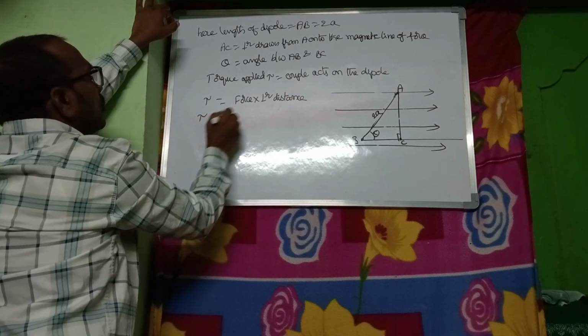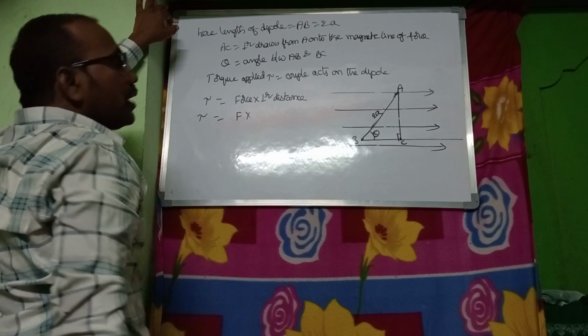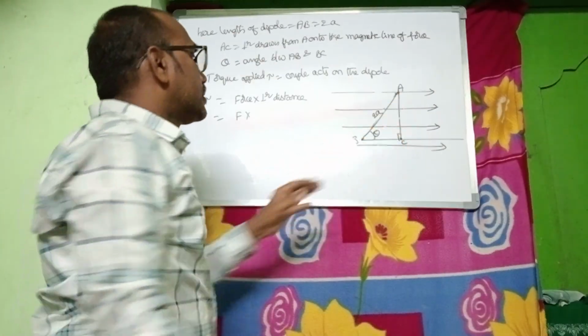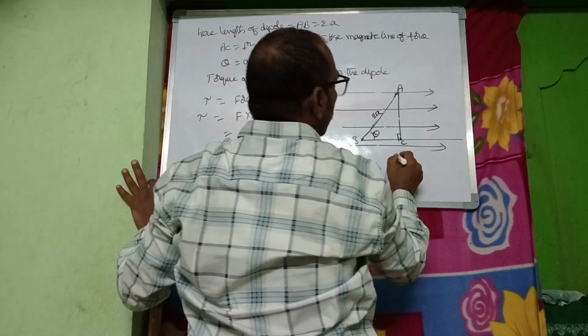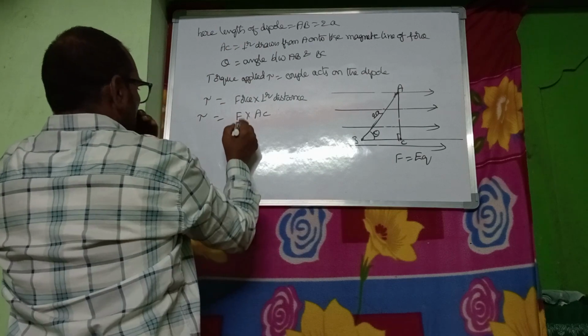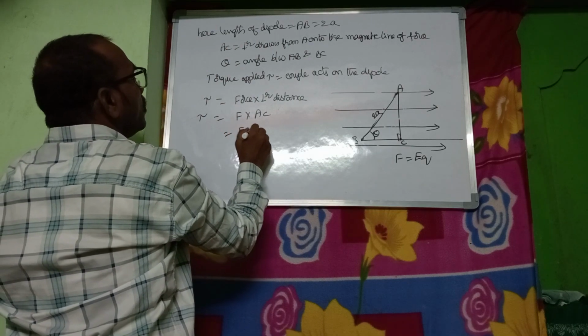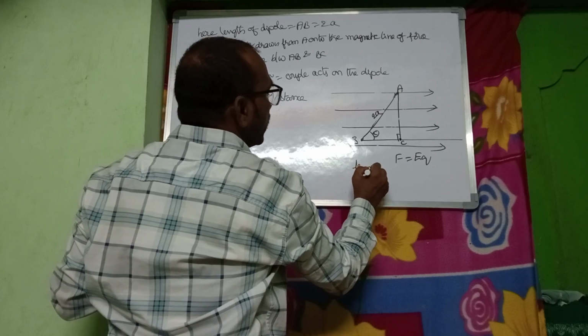Now torque tau equal to force, F, into perpendicular distance, which is AC. But F equal to EQ, we already discussed this. So F equal to EQ into AC. From the triangle, what can we write for AC?